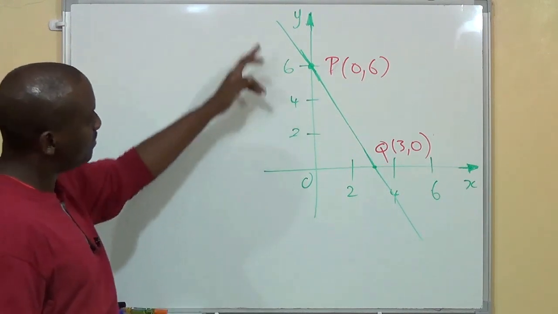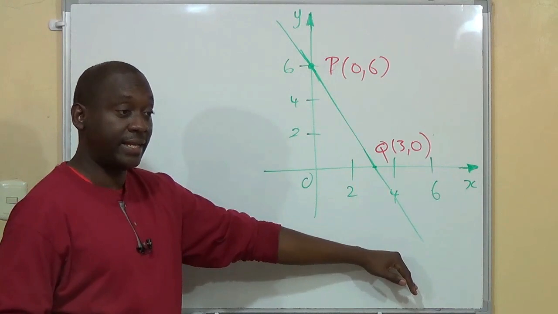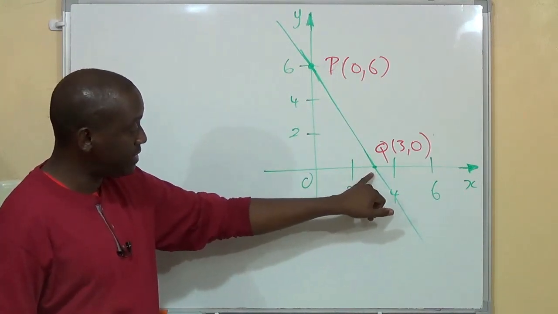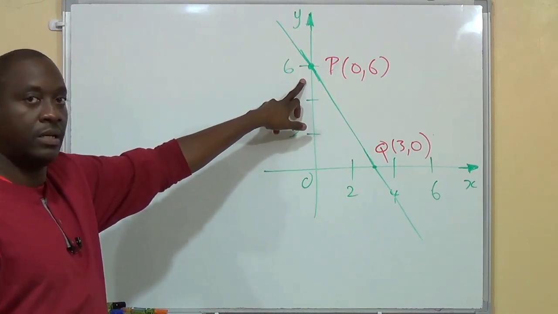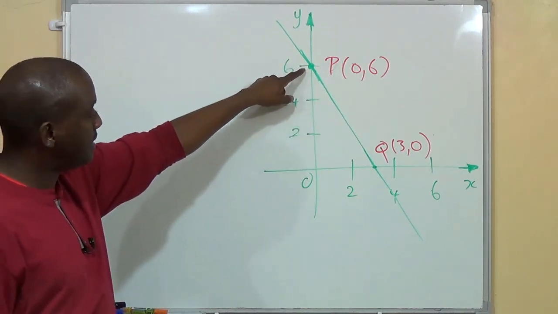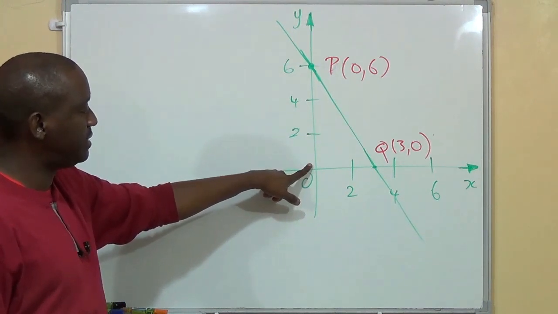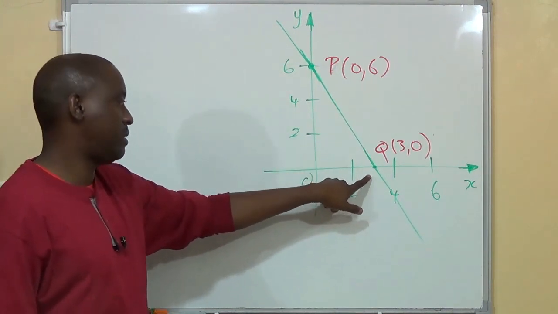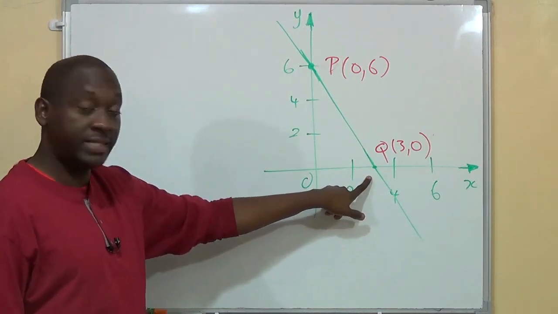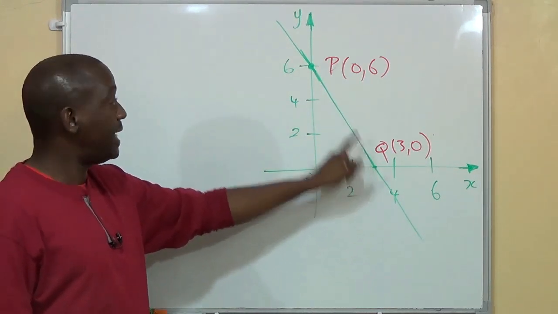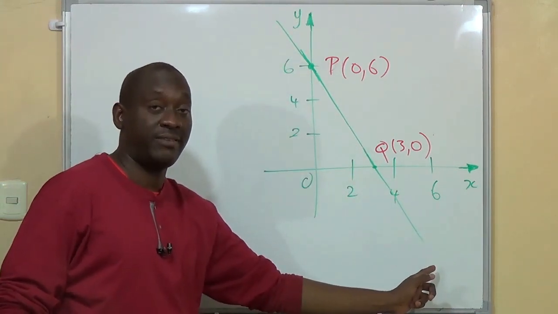If you have the line and they give you the x-intercept and the y-intercept, then all you do is divide the y distance, which in this case is 6, by the x distance, which is 3. 6 divided by 3 is 2, and then you take into account the orientation of the line to give you the sign.